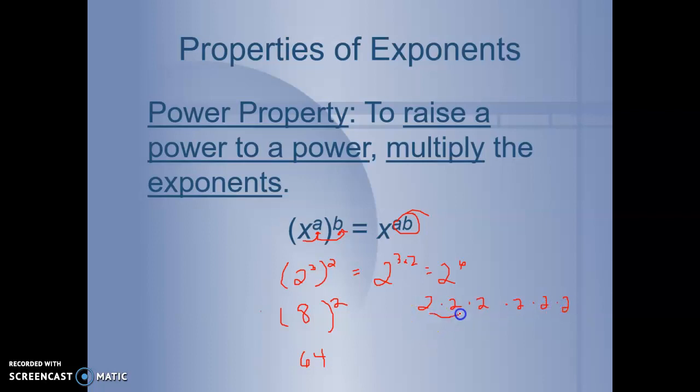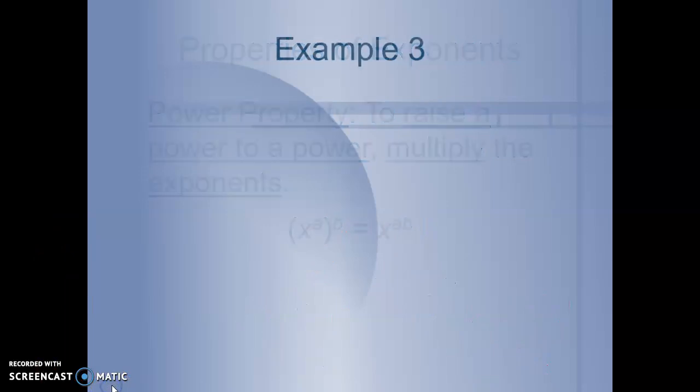But I'll tell you, 2 times 2 is 4. Times 2 is 8. Times 2 is 16. Times 2 is 32. And times that last 2 is indeed 64. So this way, option 1 over here was much faster than this way. We can use that power property of exponents as a shortcut to find these answers.